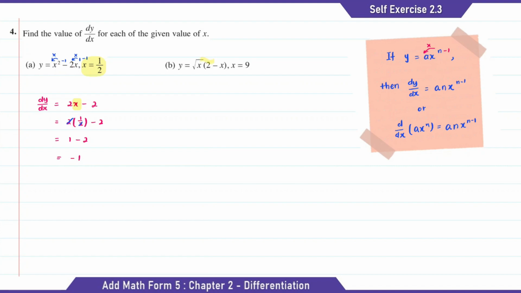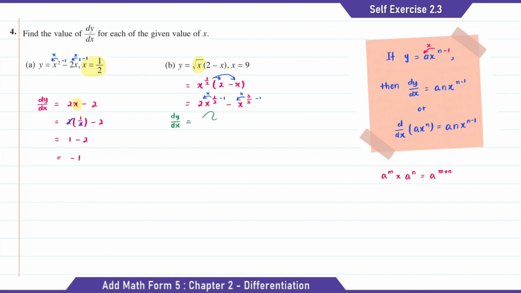Question B. So first, I'm going to write this square root x as x to the power of 1 over 2. Expand this, we're going to get 2x to the power of 1 over 2 minus x to the power of 3 over 2.